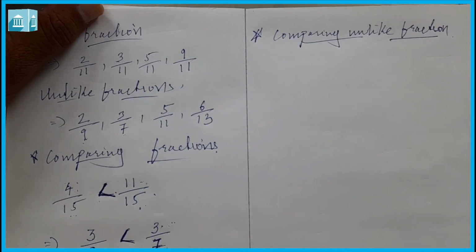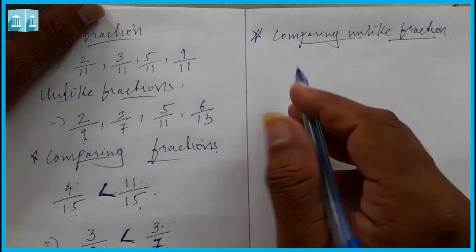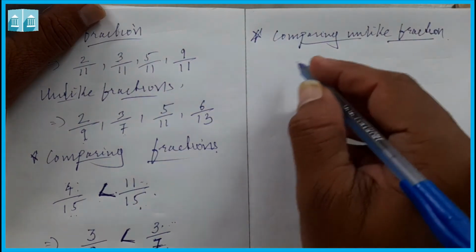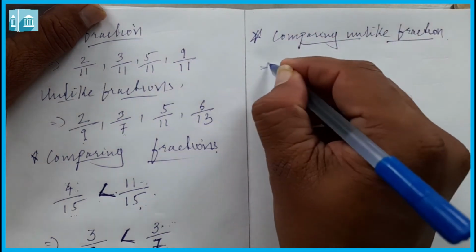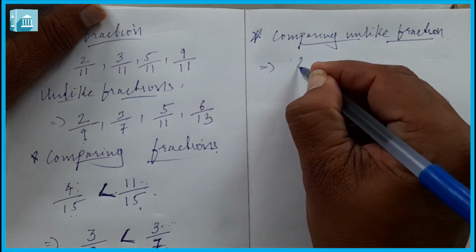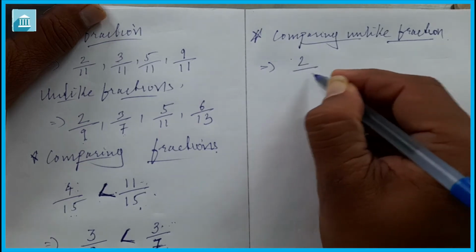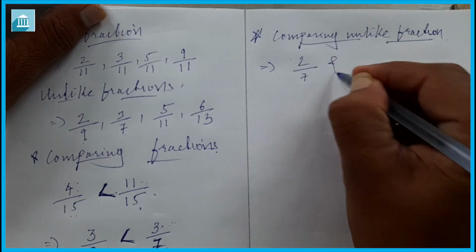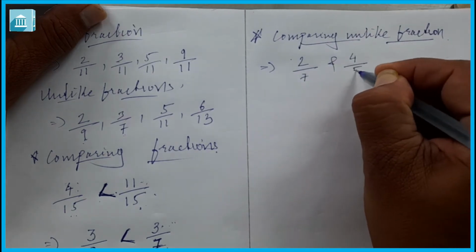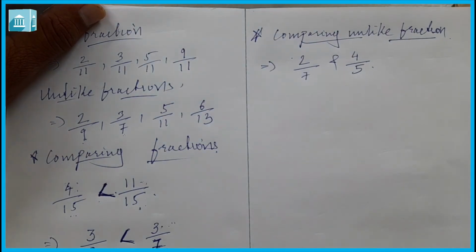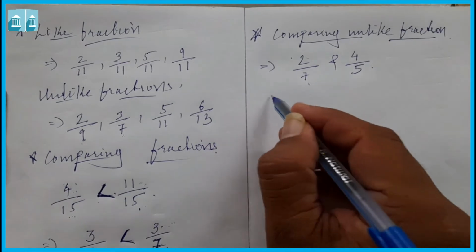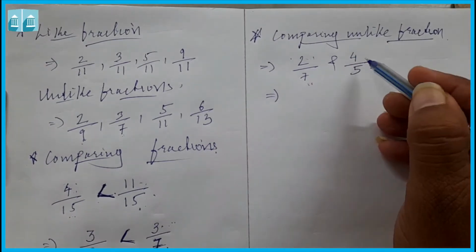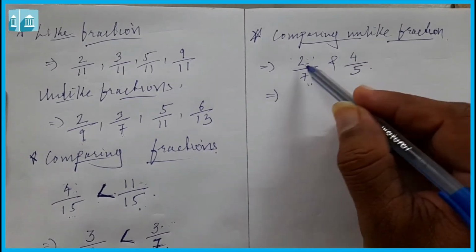To compare unlike fractions, let us understand this example. Suppose 2 by 7 and 4 by 5. These two fractions are there. Here neither the denominators are equal, nor the numerators.